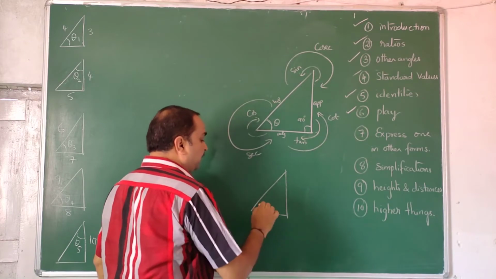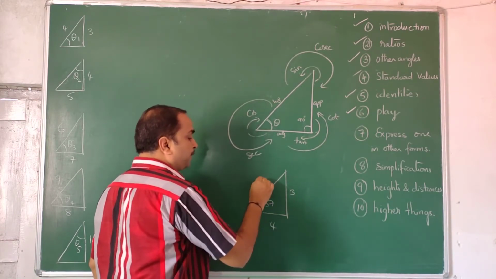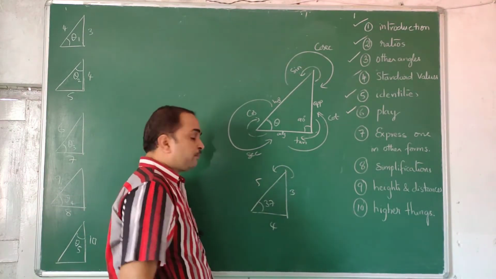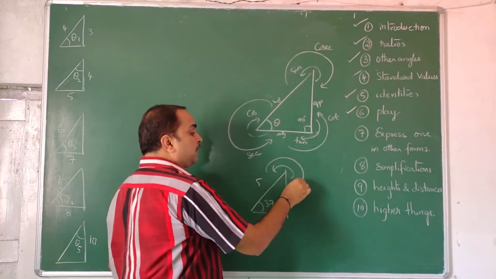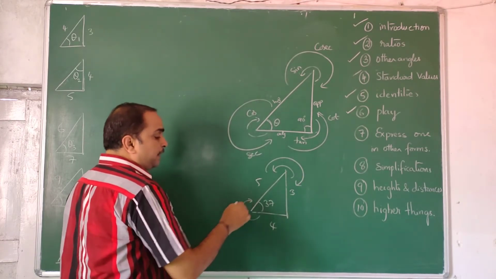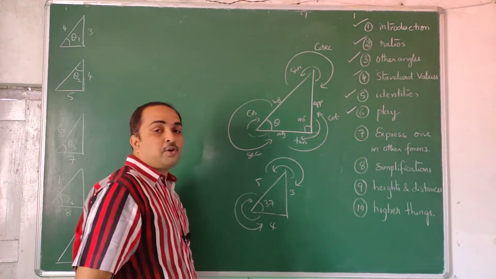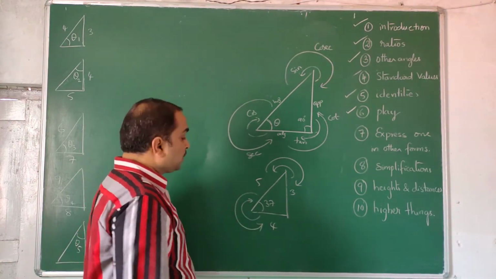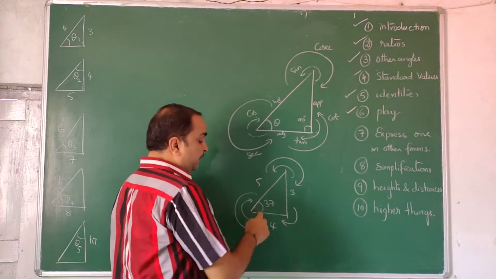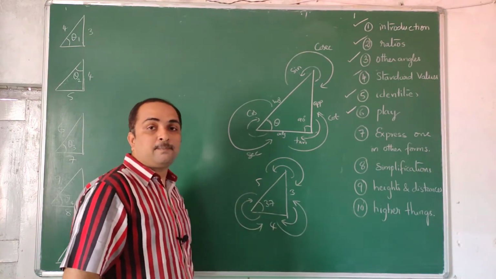For example, we have a triangle with some theta, 37 degrees. This is 3, 4, 5. Quickly, sine theta 3 by 5, reverse cosec theta 5 by 3, adjacent by hypotenuse 4 by 5, cos 37, 5 by 4 secant, cos reverse, 3 by 4 tan 37, 4 by 3 cot 37.